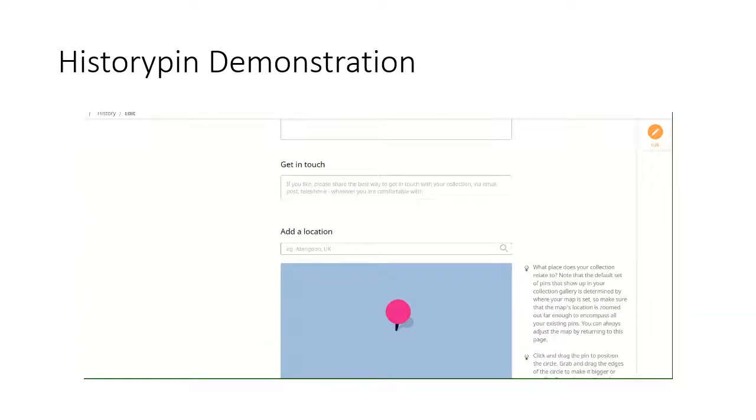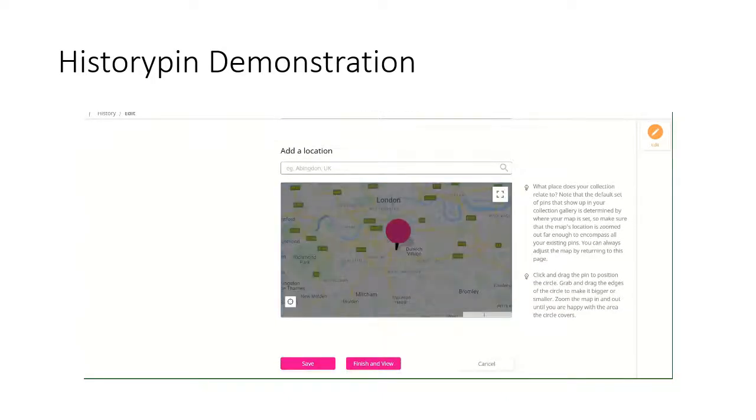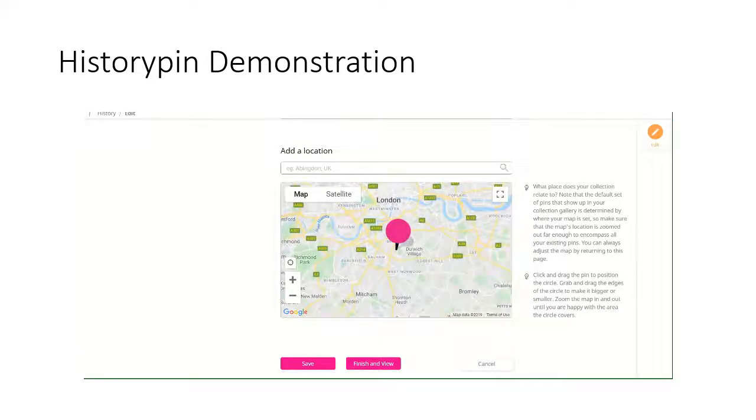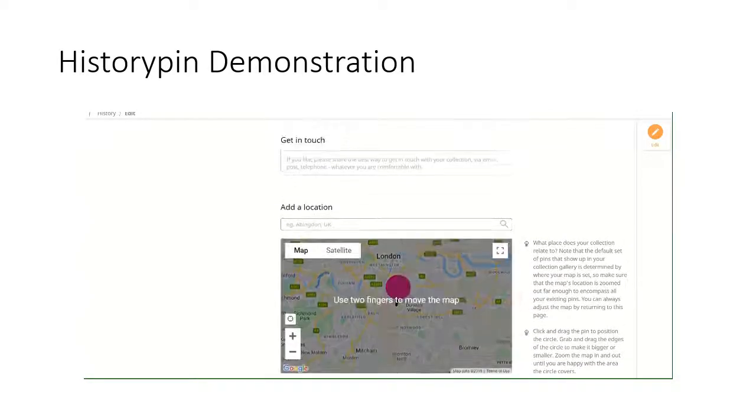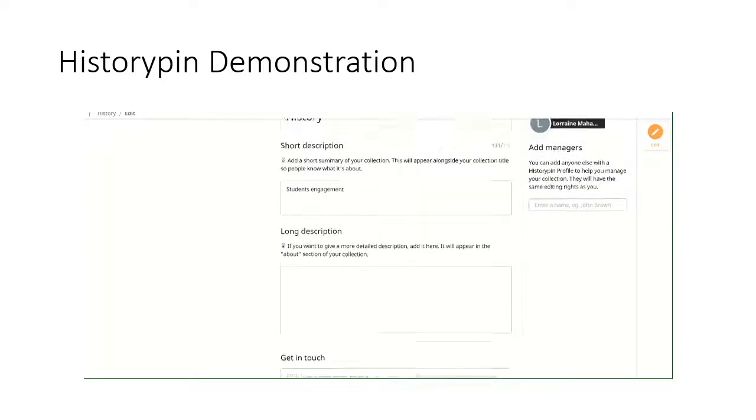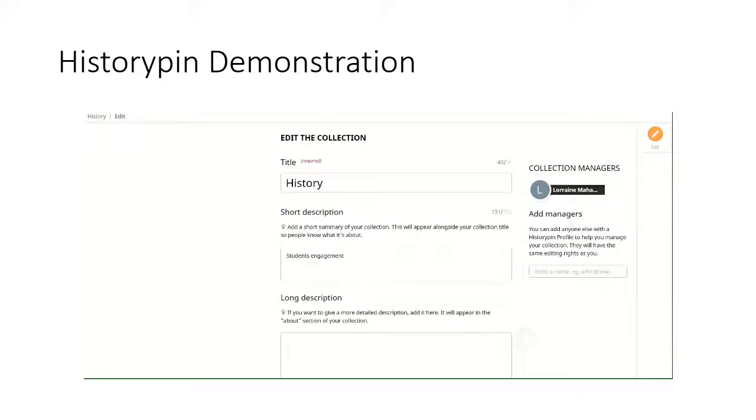You add a location because the map will be pinned on the map, so the map will help identify where exactly the information is related to. Once you have put in the relevant information, then you save it, and then you begin to create or add information to your History Pin collection online.